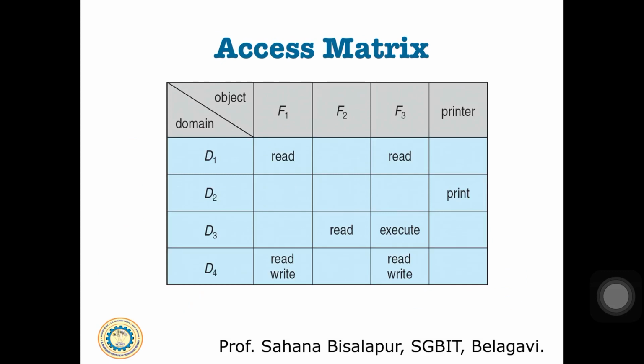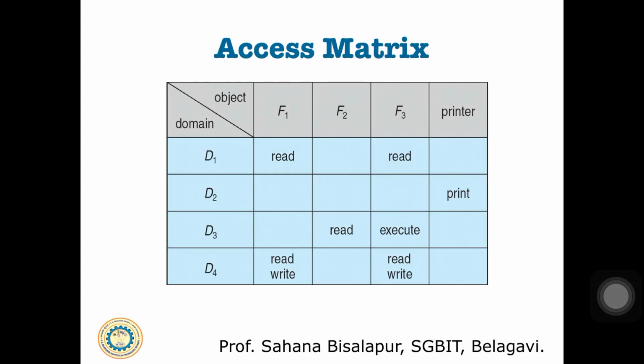The entry access(i, j) defines the set of operations that a process executing in domain Di can invoke on object Oj. To illustrate these concepts, we'll consider this figure as an access matrix.